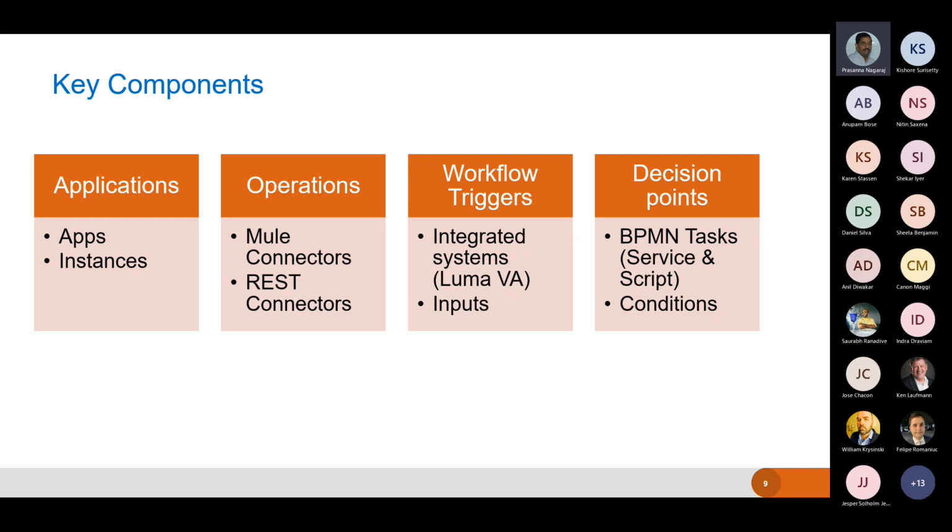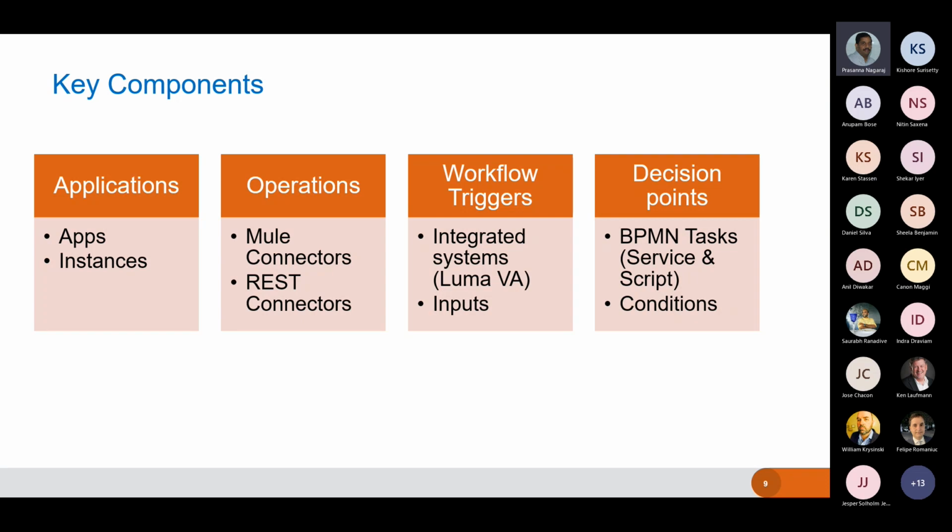And then we also have the workflow trigger. That's one of the key components, which is how the workflow would be triggered. So you create a workflow, design it, test it, and then deploy it and trigger it. That's where integration systems like Luma, VA, and others can be built to trigger the workflow.